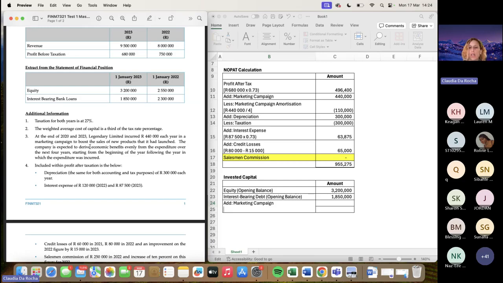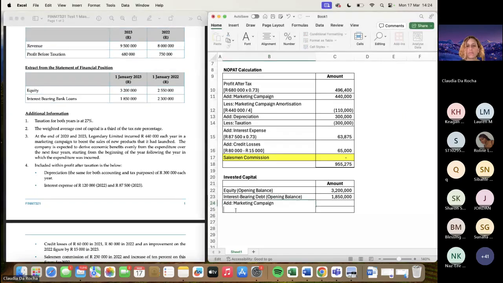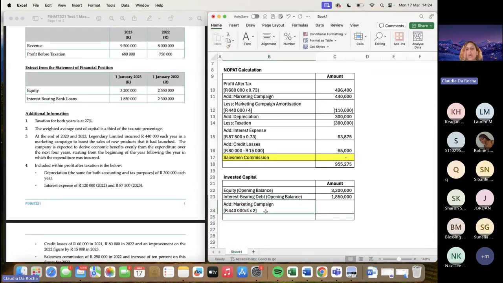So how do we calculate that? I'm saying the 440, which is what was incurred, divided by 4, multiplied by 2. Why am I multiplying it by 2? Because for 2021 and 2022 is when I had economic benefits. Even though I incurred expense in 2020, the economic benefits only started the following year.